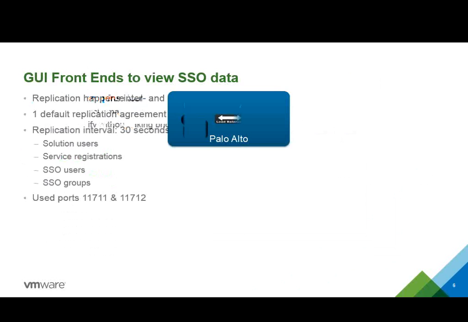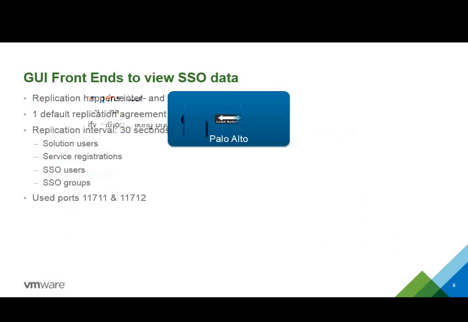The last point where we are going to expand to is Munich. And now in Munich, we don't want the HA option. Munich is less important to us, so we only want one SSO server in there. But now we've got a choice. Since we do not have an automatic full mesh option for the replication agreements, we've got the choice to point it either against the Cork site or against the Palo Alto site.